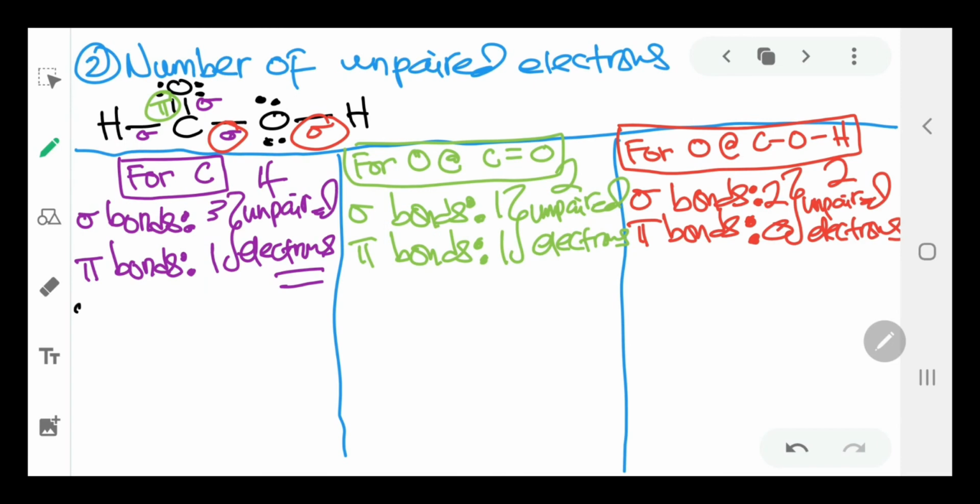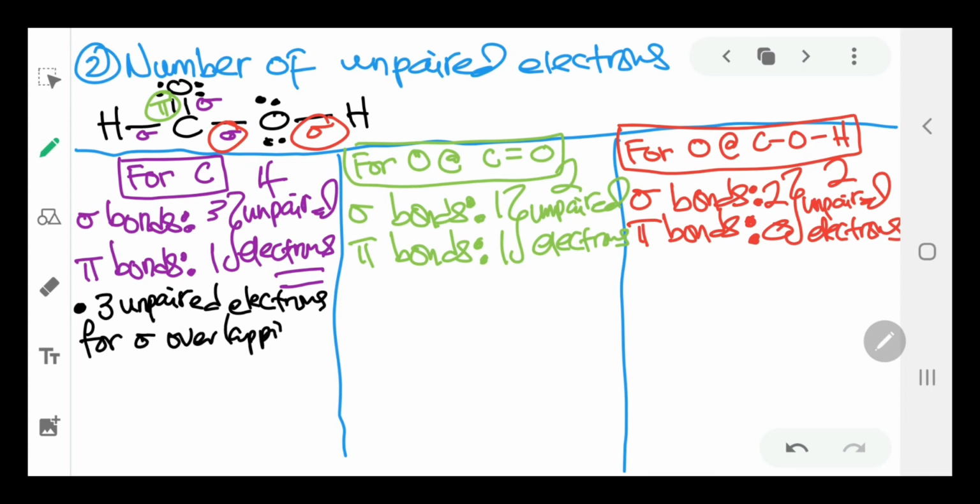Okay, so you do know what you need to have over here. It needs to have 3 unpaired electrons for sigma overlapping, head to head.